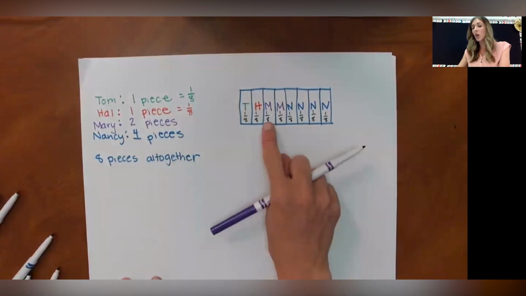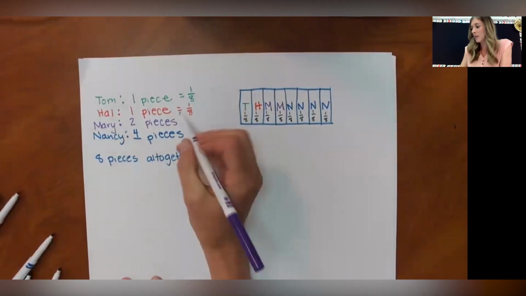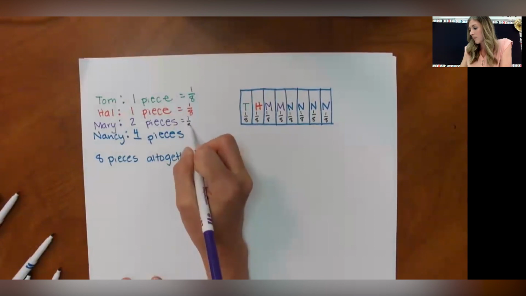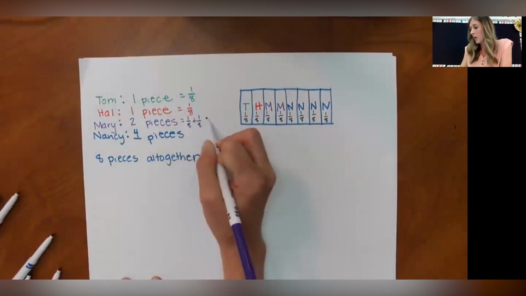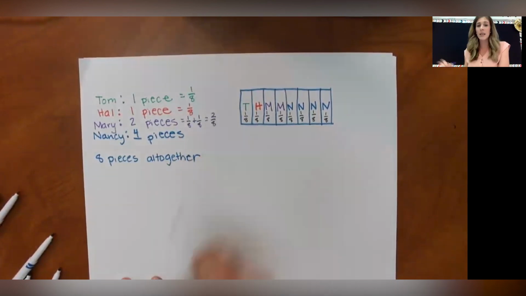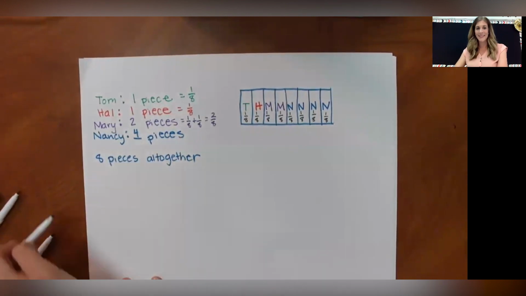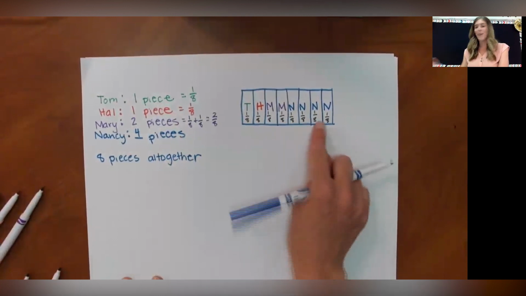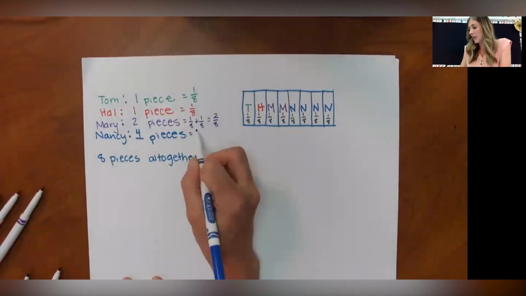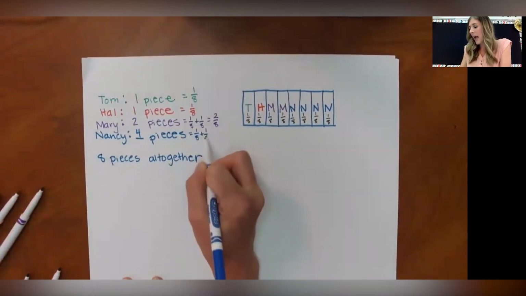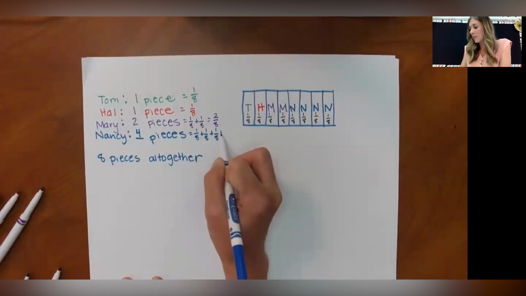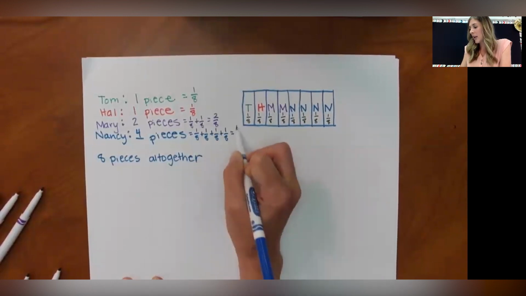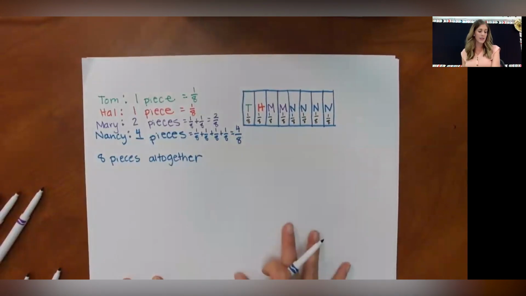Mary ate 2 of those 1/8 pieces for a total of 2/8 of the entire cake. And then Nancy, hungry Nancy, ate 4 of those 1/8 pieces. So when we add 1/8 4 times, we can see that she ate a total of 4/8 of the cake.